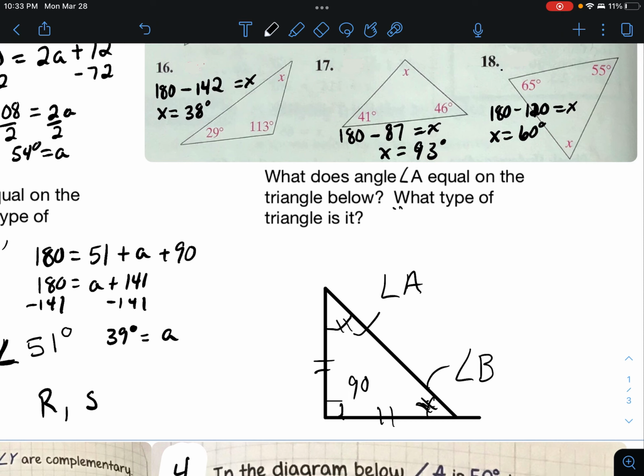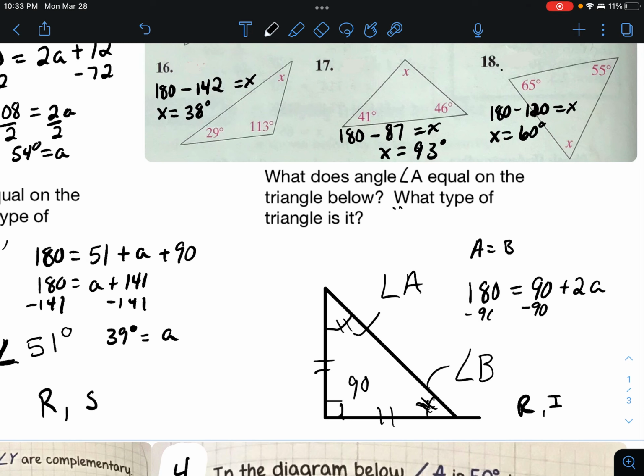Okay, last one we're going to cover. So notice there's two equal sides, two equal angles. So this is, and a 90-degree angle, so this is a right isosceles. Okay, knowing this, we know now A equals B. So angle A equals B. So therefore we can write that 180 is equal to 90 plus 2A.